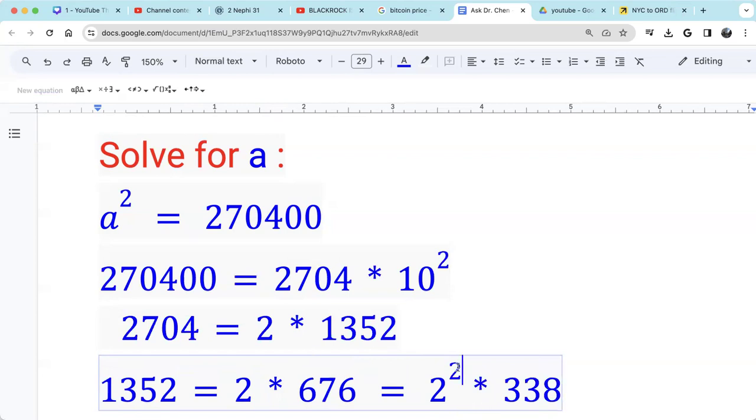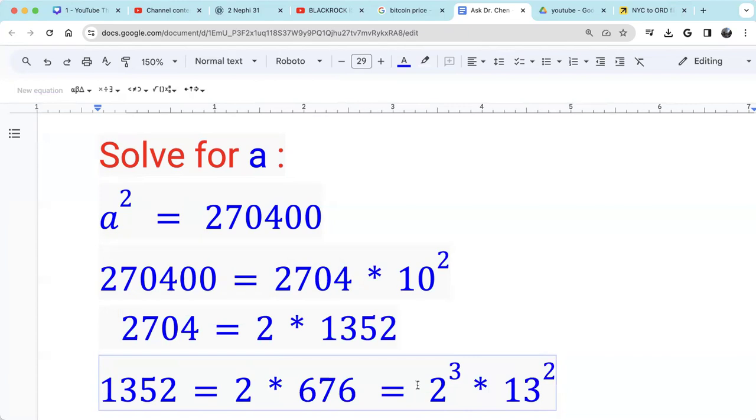We can keep going with this process, right? Now 338 divided by 2 is 169. Now, 169 is 13 squared. So we can write it as 13 squared.